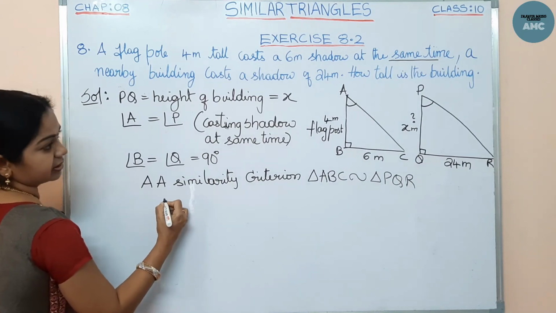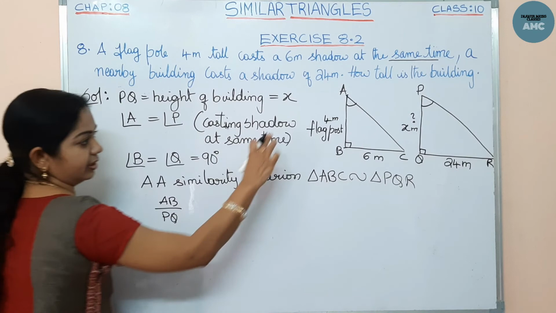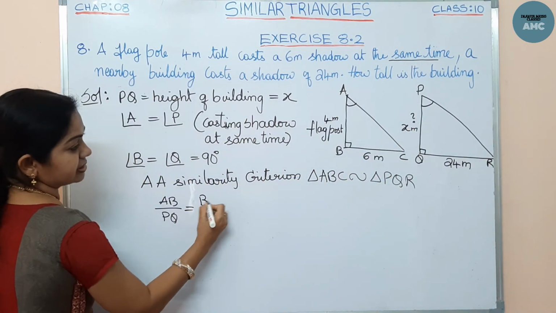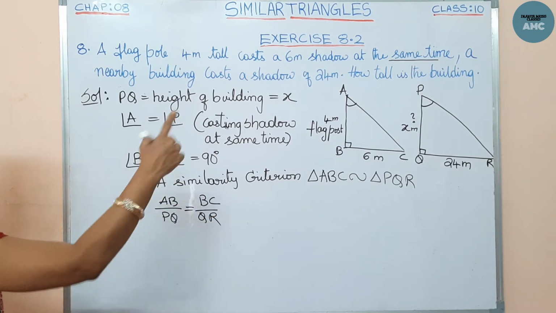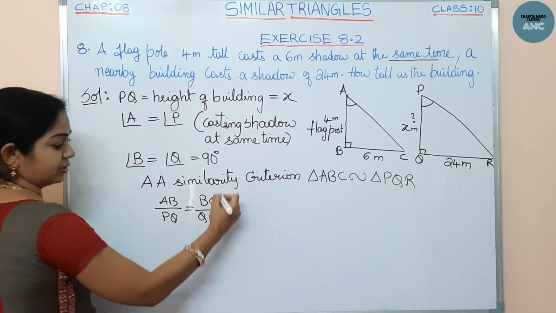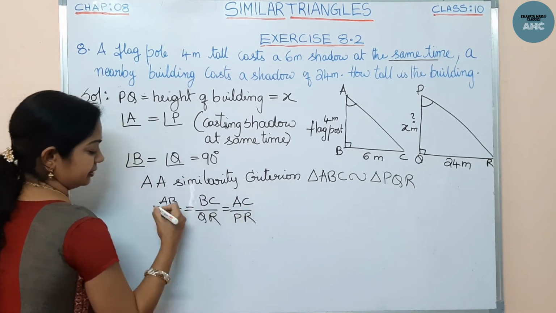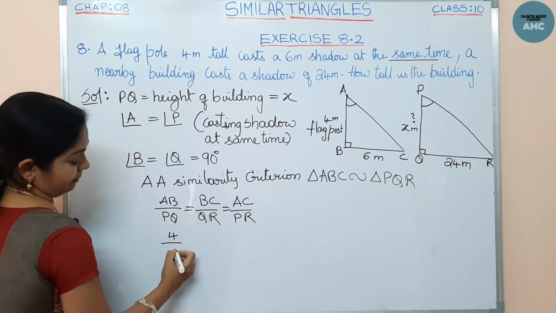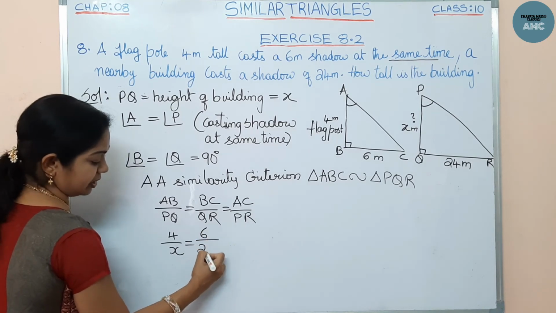I'll write down AB by PQ, corresponding, is equal to BC by QR, and the third also is equal, AC by PR. AB by PQ, the values I'll keep: 4 by x, BC is 6 and QR is 24.